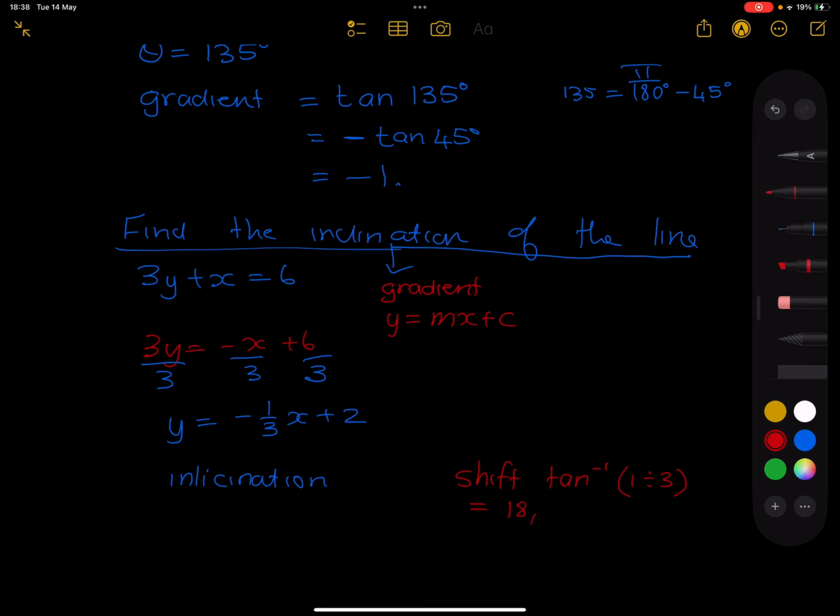Okay, 18,43. But now you must know inclination is negative. So theta is then equal to 180 minus 18,43. And that gives you, ma'am, 161,57. Do you have it? Yes, ma'am.